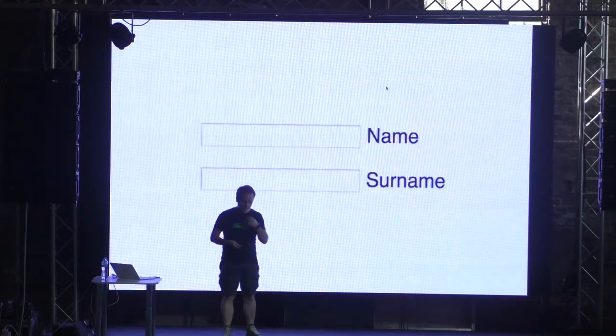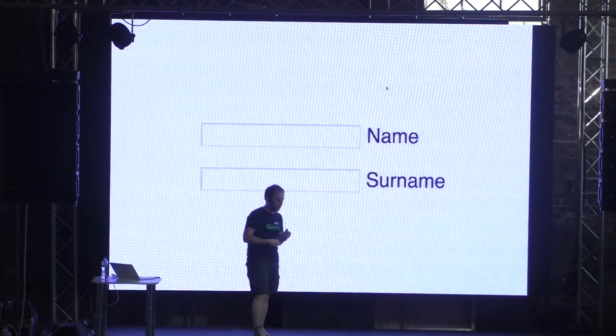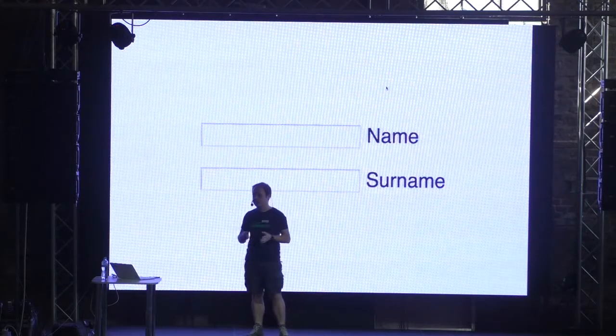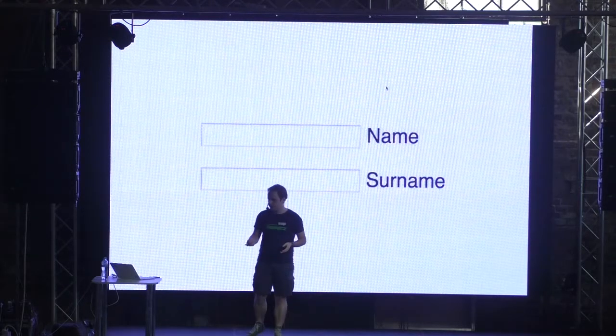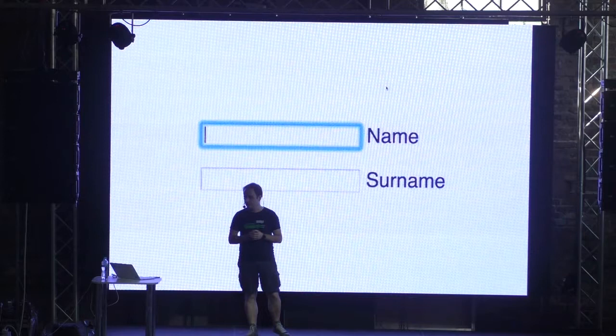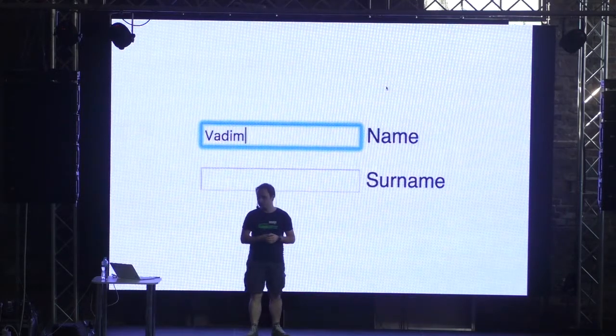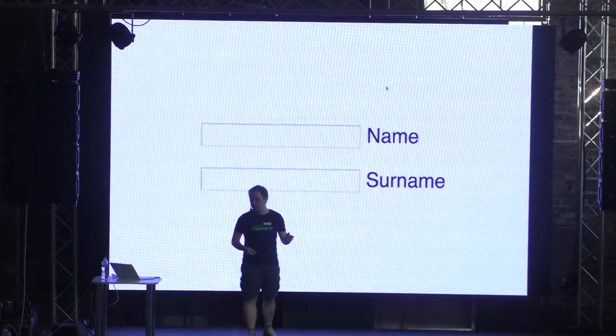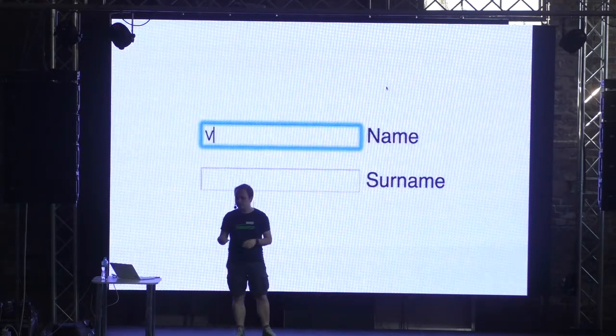And most developers also don't understand how interactive controls actually work. So this is a typical example. This is an input and a label. You type something, you switch between them, and you see some focus, and you see some interaction.